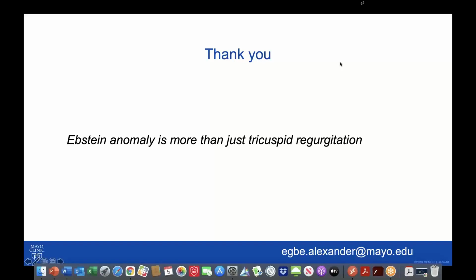So Alexander, I think we're near 9 o'clock, but I have a last question. I strongly believe, and I think you have proven this today, and I'm really glad, that Ebstein is not a right heart problem. I think it's a right and left heart problem. I have believed that for many years.